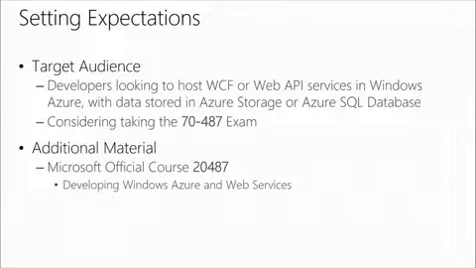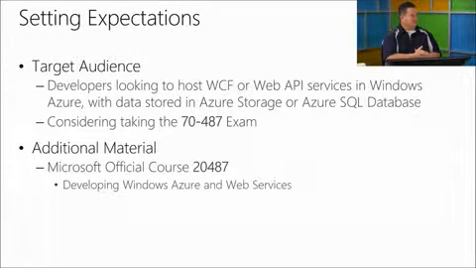So again, the content that we're talking about here today is related to, but not completely covering the topics that are addressed in the 70-487 exam. I'm a big proponent of certification. Certification is really what got me the jobs that I was able to get, as a training manager, as a WAN manager. I started way back with good old NetWare and was a CNE and all that good stuff.